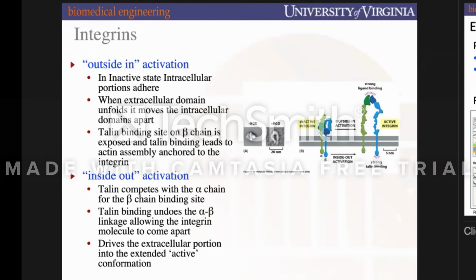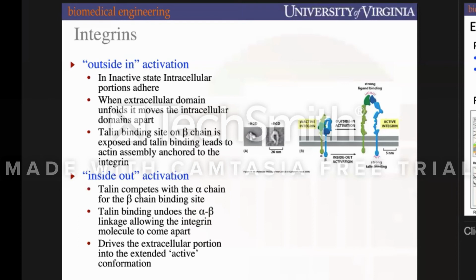And so vinculin and talin will come in and bind to the beta subunit, and subsequently the actin filaments will polymerize there, and you'll get an anchorage between the outside, to integrin, to the inside with the actin cytoskeleton.